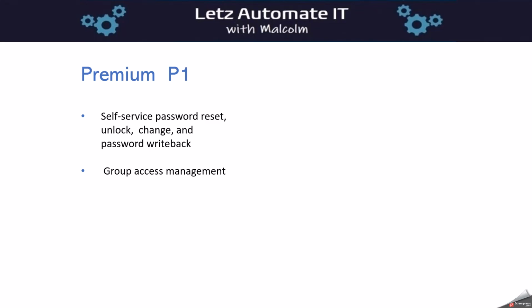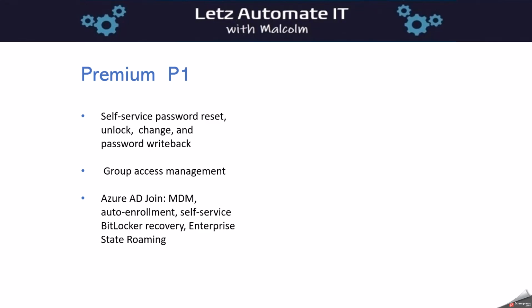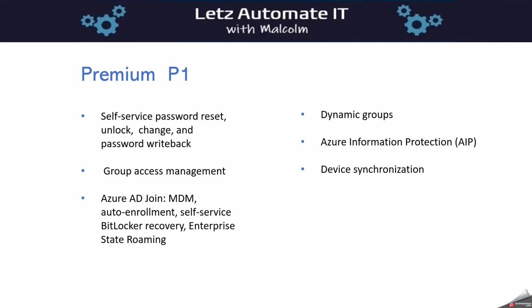You also get group access management, Azure Active Directory Join, which supports auto-enrollment, self-service BitLocker recovery, enterprise state roaming, dynamic groups, and Azure Information Protection or AIP, device synchronization, and conditional access, advanced reporting, and supports hybrid scenarios.